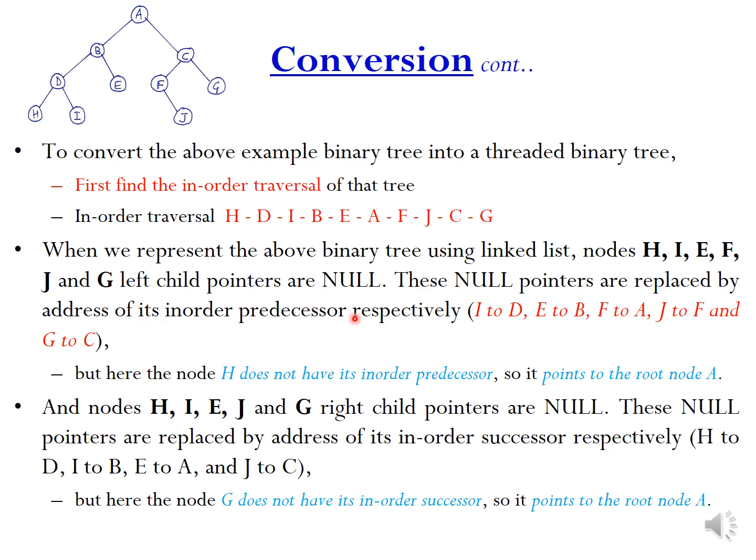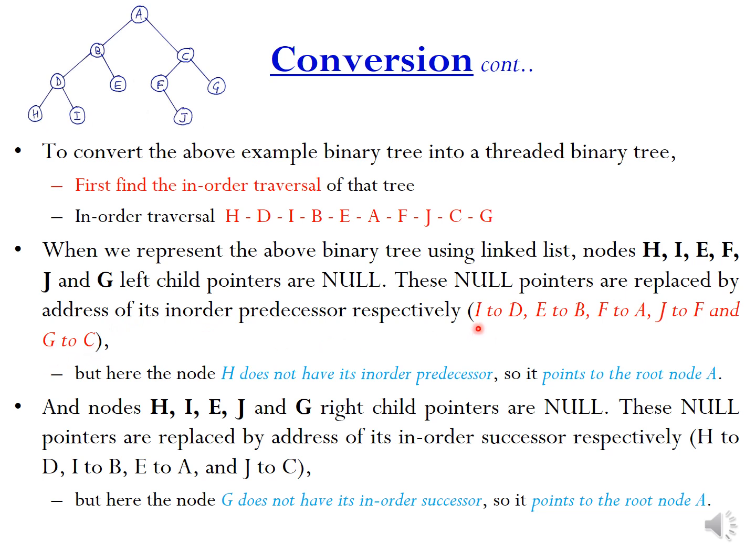So I can be used to point to D, E can be used to point to B, F can be used to point to A, J can be used to point to F, and G can be used to point to C.